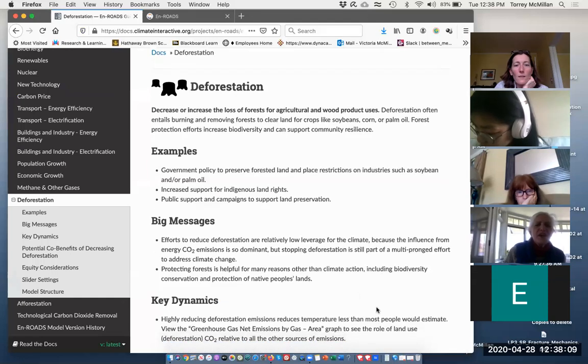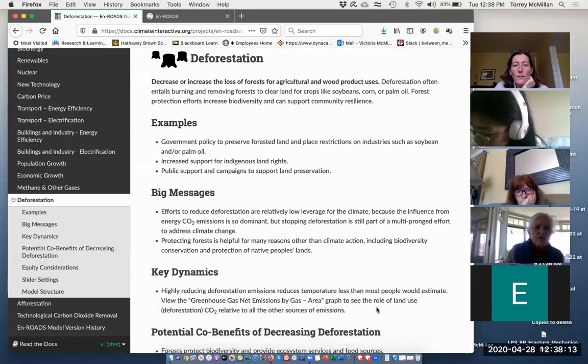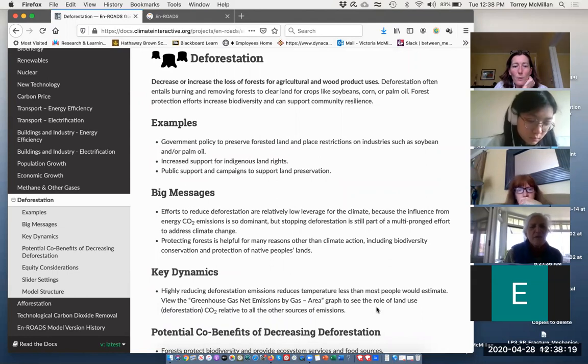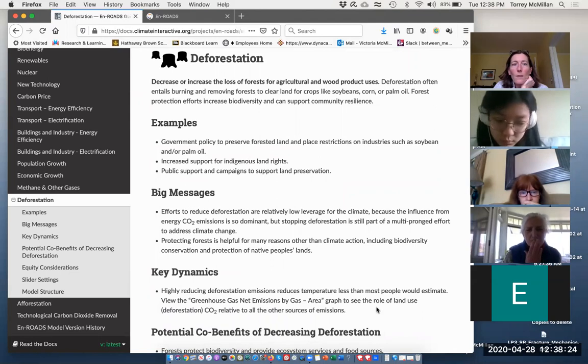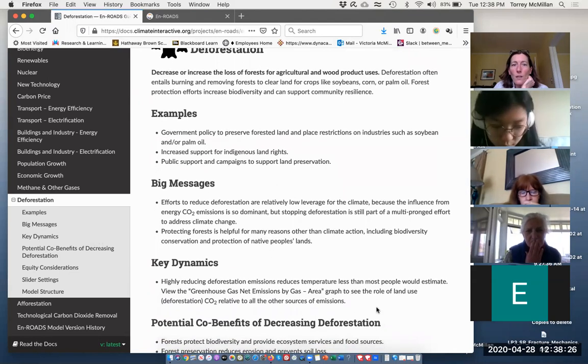I'm curious to know what data they're putting in to generate these numbers, because it seems like they're focusing on a certain kind of scenario. So this is where I'm jumping over to their user guide, which gives a little bit more detail of what's in the background here. So indeed, they're talking about forest clearing for agriculture.